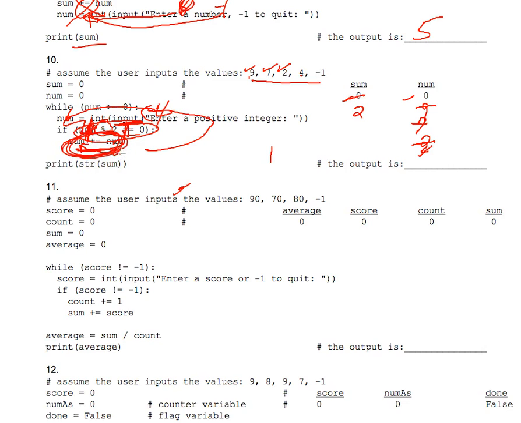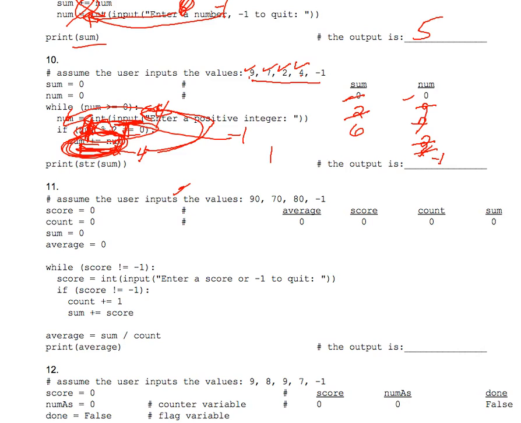I know it's getting messy, but num, which is currently 4, is being added into sum for a total of 6. We go back up to the top of the while loop. This time the user enters a -1 for num. I'm running out of room here. That -1 gets plugged in for num. And -1 is not an even number.